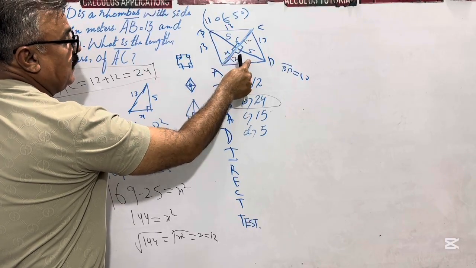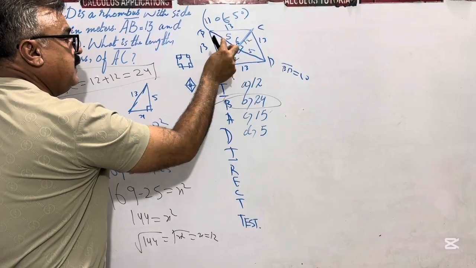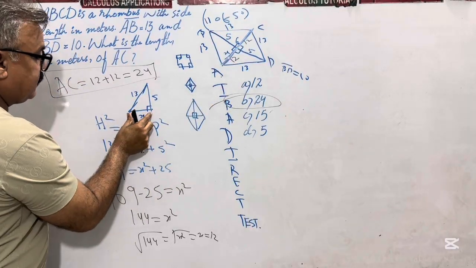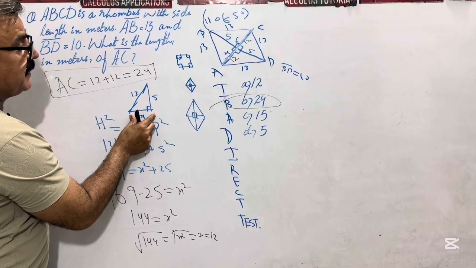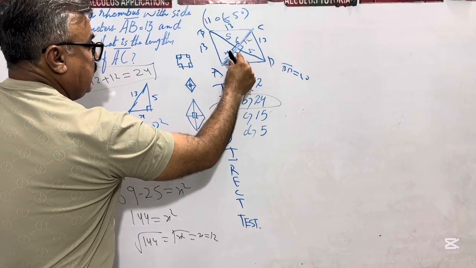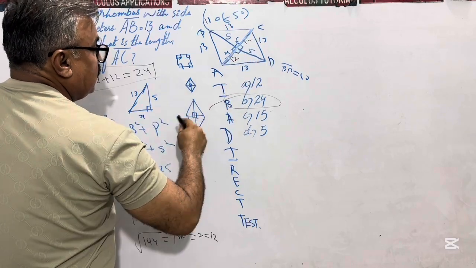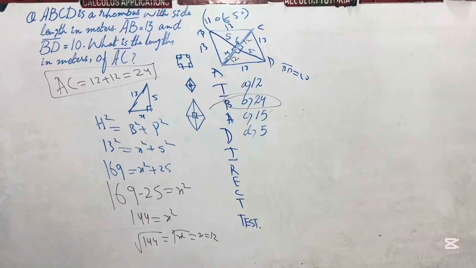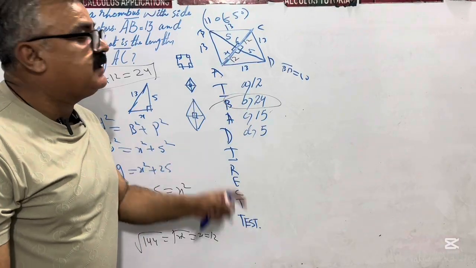It's 5, it's also 5. I have cut out this triangle with sides 5 and 13. Applying Pythagoras theorem, I have this segment, that is our AE. AE plus EC. AE is 12, EC is also 12. So AC is equal to 12 plus 12, 24. Moving towards question number 12.